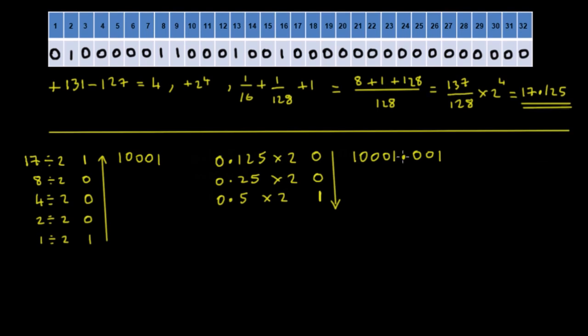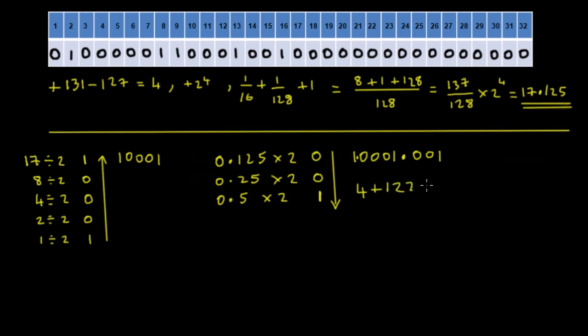Now we have to move the point up to the first one. So we have to move the point 1, 2, 3, 4 places. So that means that the exponent is going to be a value of 4. But of course we subtracted off the 127, now we have to add the 127 on.